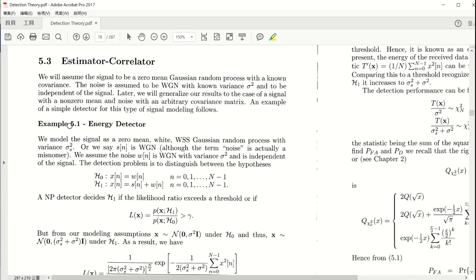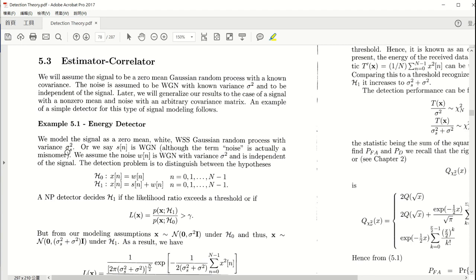Example 5.1, energy detector. We model the signal as a zero mean white stationary Gaussian random process with variance sigma s squared. Notice that now we do not have a deterministic s anymore.